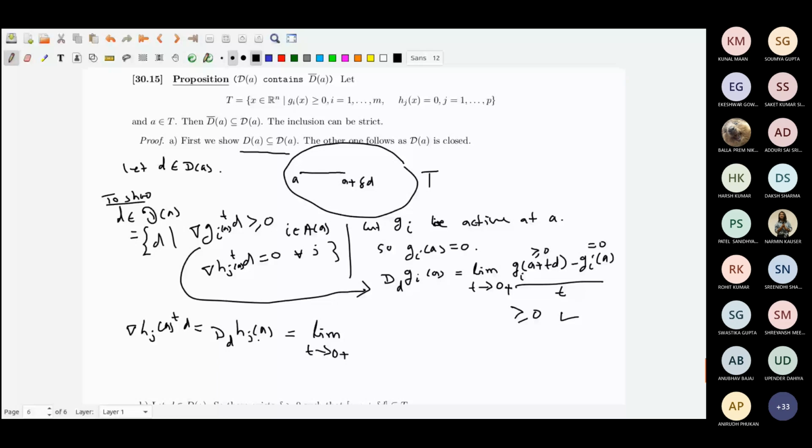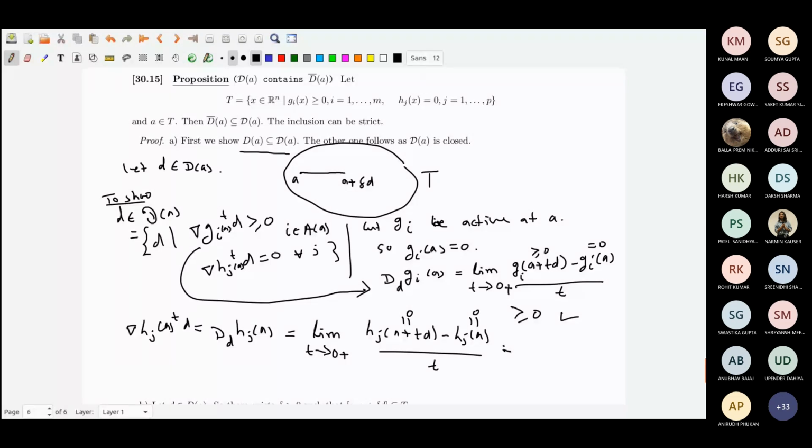This is Hj(A plus tD) minus Hj(A), divided by t. Now A is a point of the feasible set, so Hj(A) is equal to 0. And A plus tD is a point inside the feasible set, so that is also equal to 0, because all Hj are equal to 0. So it satisfies the second condition also.